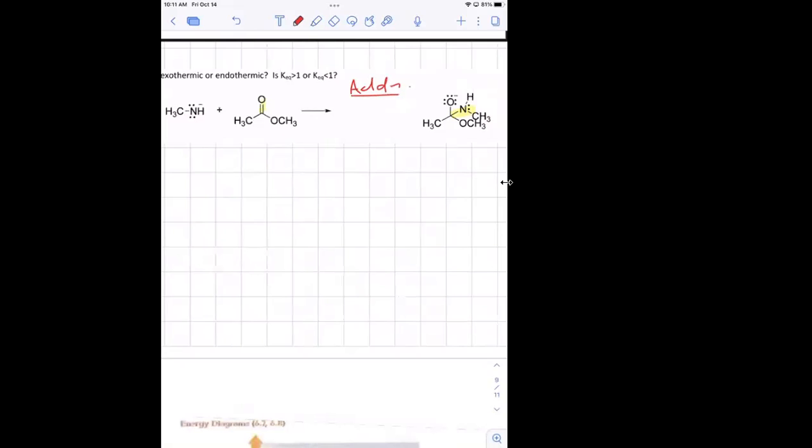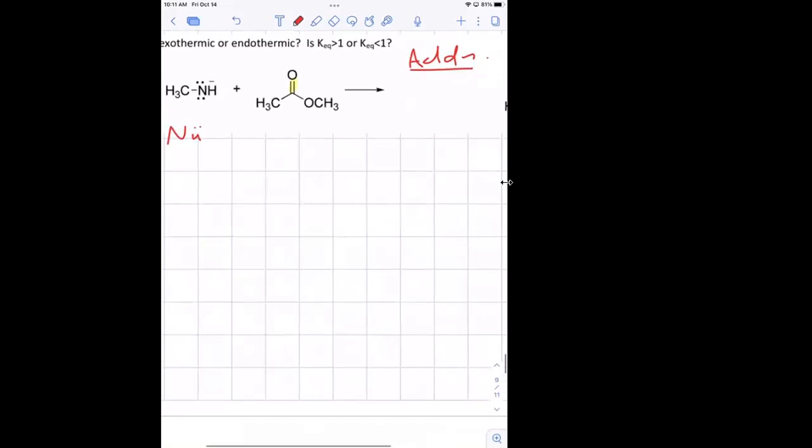Let's put the arrows in. Where's my nucleophile? Yep, so this is the nucleophile right here. By default, this is the electrophile. And then where is the electrophilic site in the electrophile?